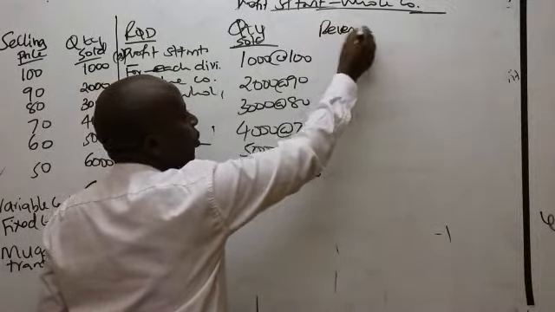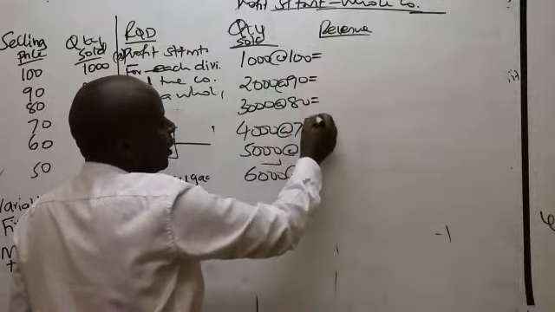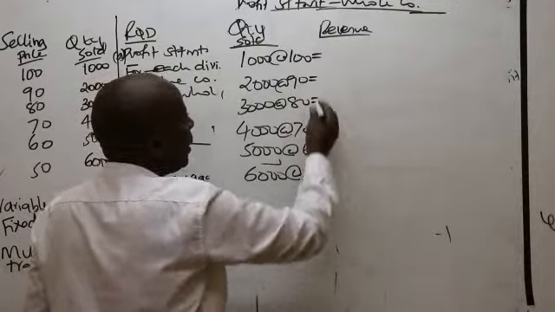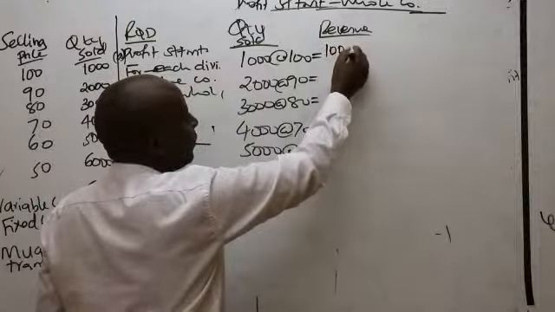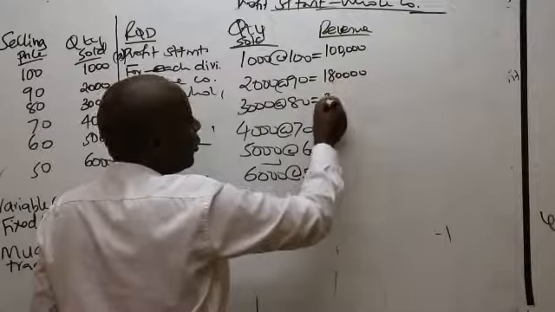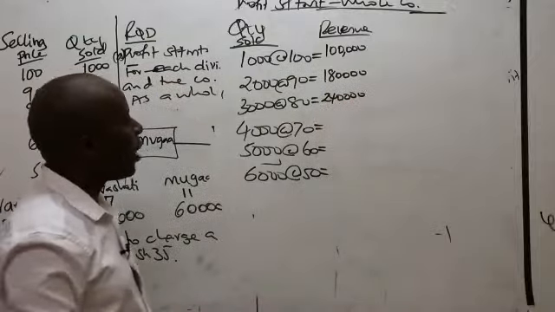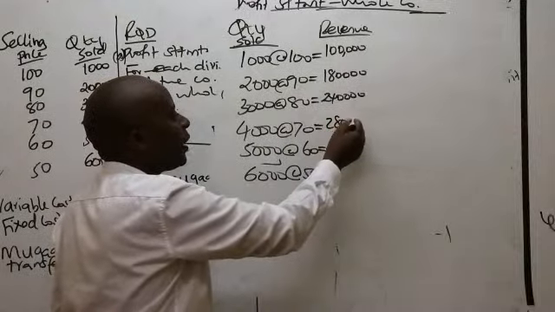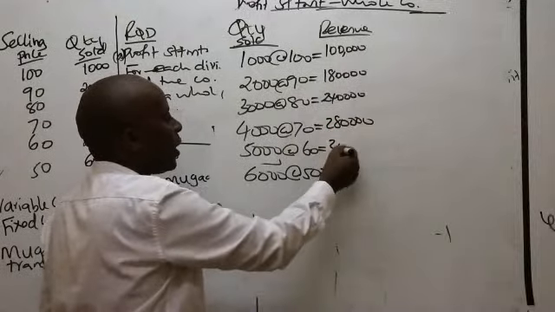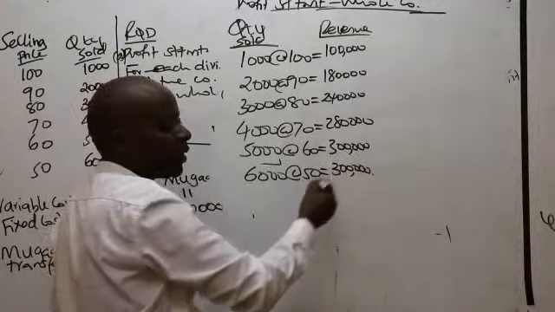The first one will be 100,000, the second 180,000, 240,000, 280,000, and 300,000 there. Very good.